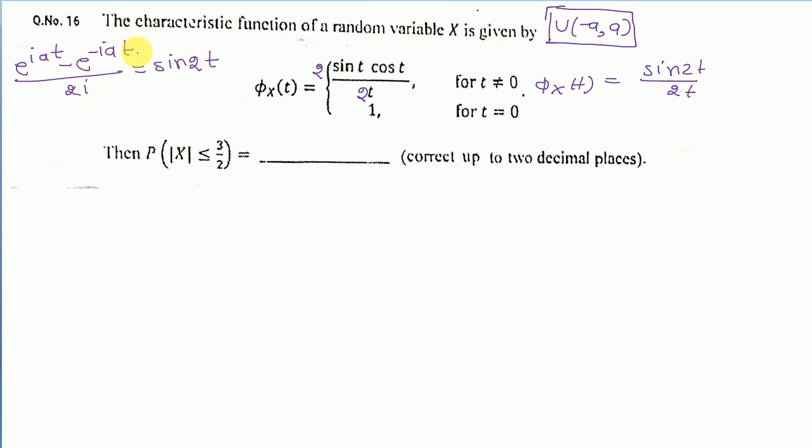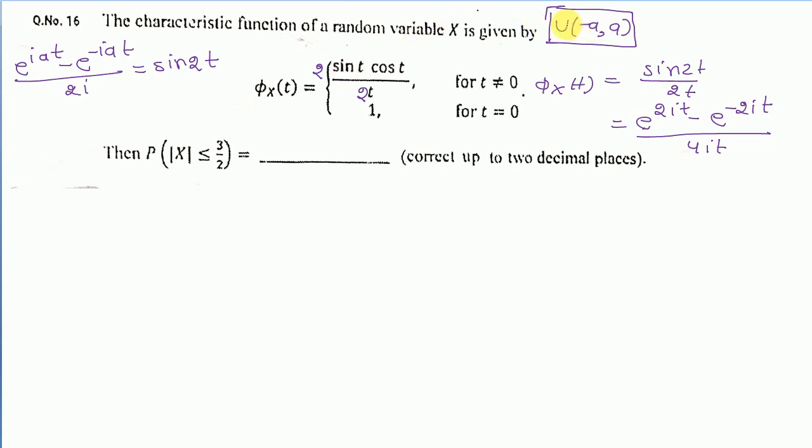So using this result we can write our sine 2t in terms of exponential function. So sine 2t can be written as e raised to power 2 iota t minus e raised to power minus 2 iota t upon 2 iota, and this 2 iota multiplied by 2t will change into 4 iota t. So your phi x t can now be expressed in terms of exponentials.